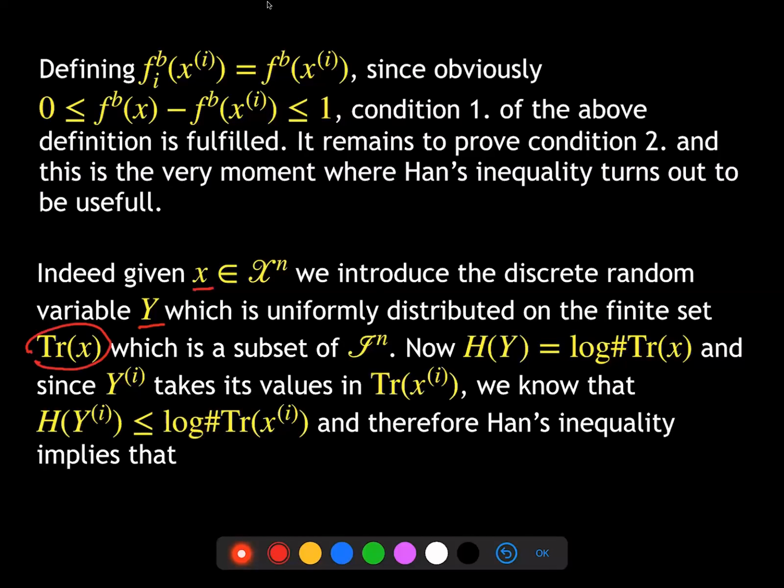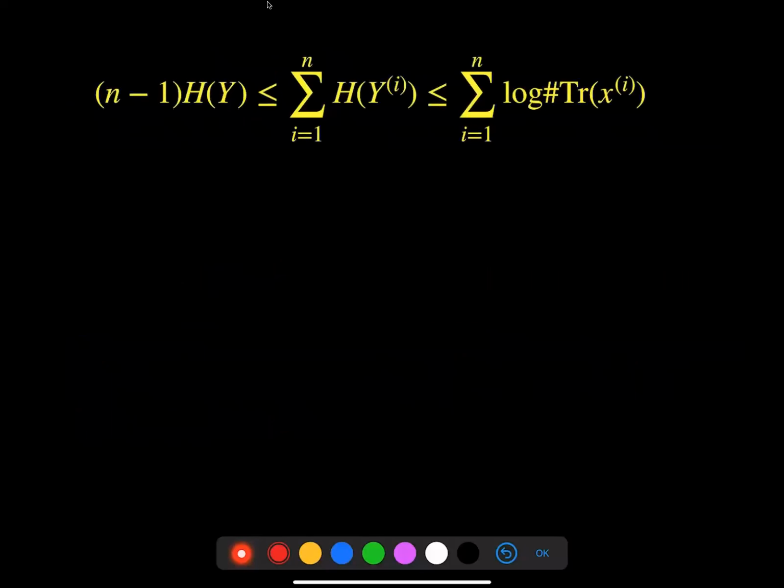And now you can use the fact that the variables y bracket I, which are rather complicated, take their values in the set trace of x bracket I, which means that their Shannon entropy is less than the log cardinality of this set. Therefore, when you use Han's inequality, you get this.